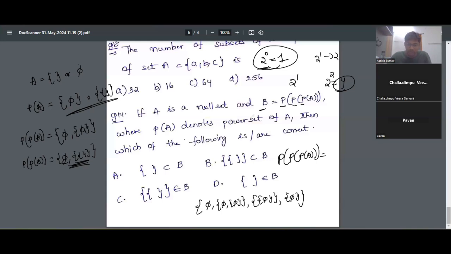Now we have been given options for all these, right? So first of all, this was said to be a subset of B. This is not a subset of B, this is an element of B. If I write in that format, so this is this one, and this is a set containing this, then this, and then it.